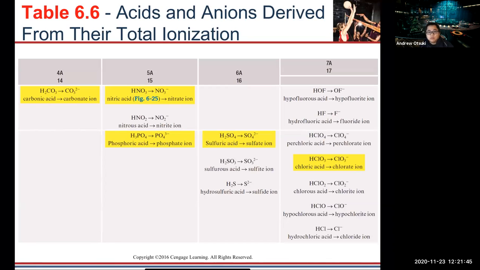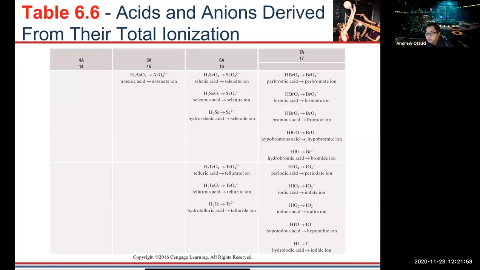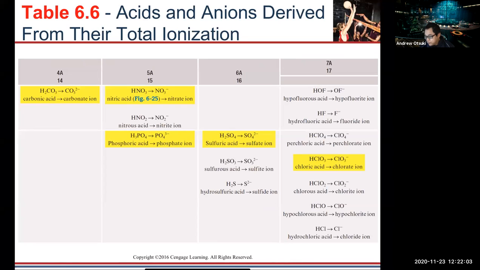So just remember the endings relate back to how many oxygen atoms are associated in the chemical formula. But now we must extend it to more elements in the same families. For example, arsenic in the phosphorus family, like we saw here with phosphorus.